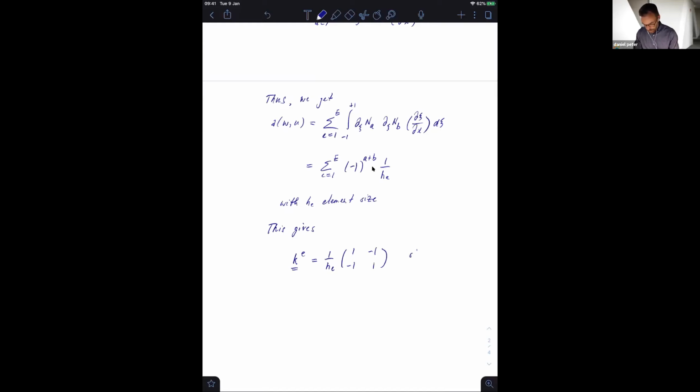And so this is now the stiffness matrix, but at a local level.